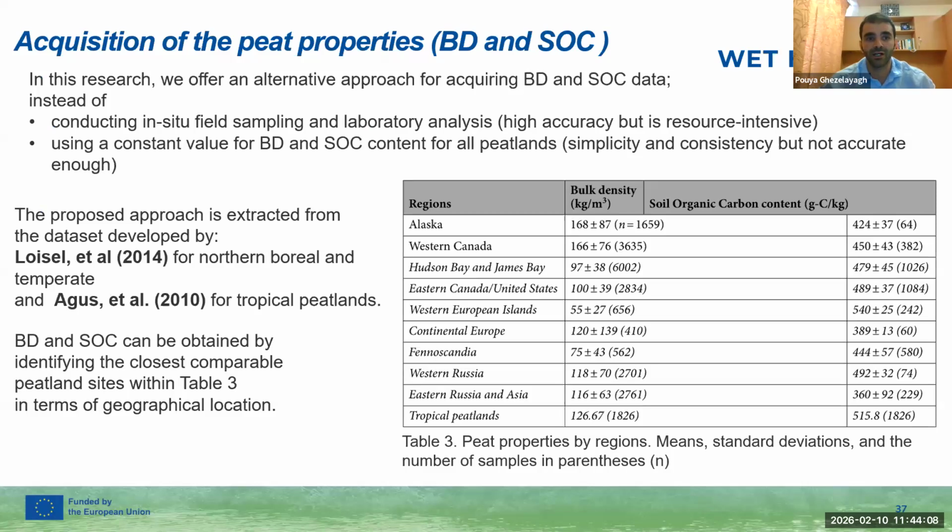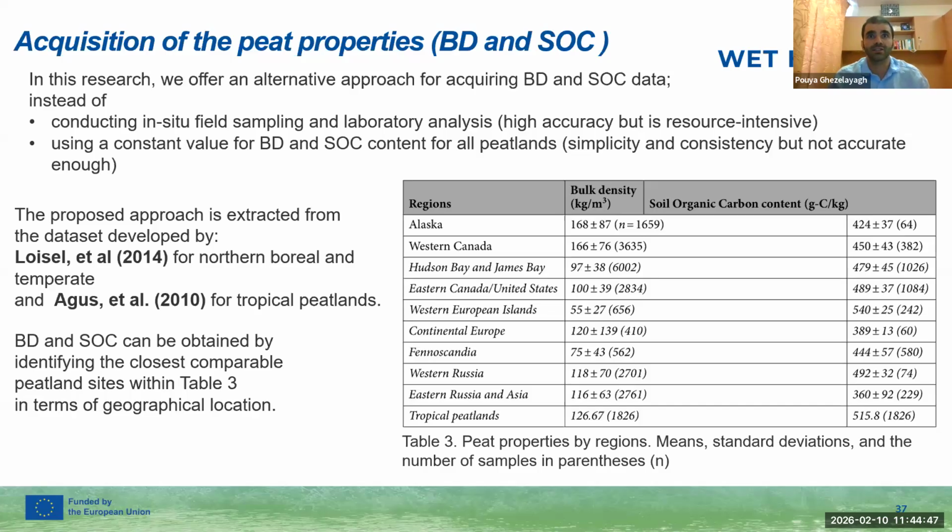And for that, we combined two data sets provided by Lewis for northern boreal and temperate peatlands, and August for tropical peatlands. We combined these two data sets in one single table, so you can assign a better value for bulk density and soil organic carbon regarding the location of your case study. Let's take Alaska.